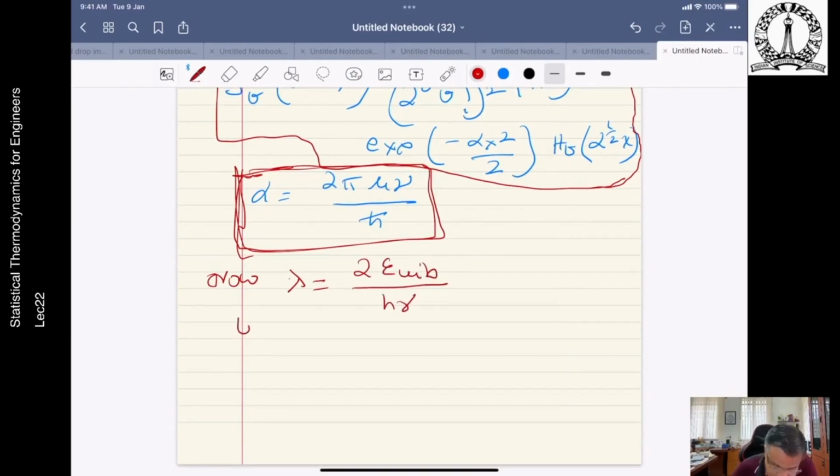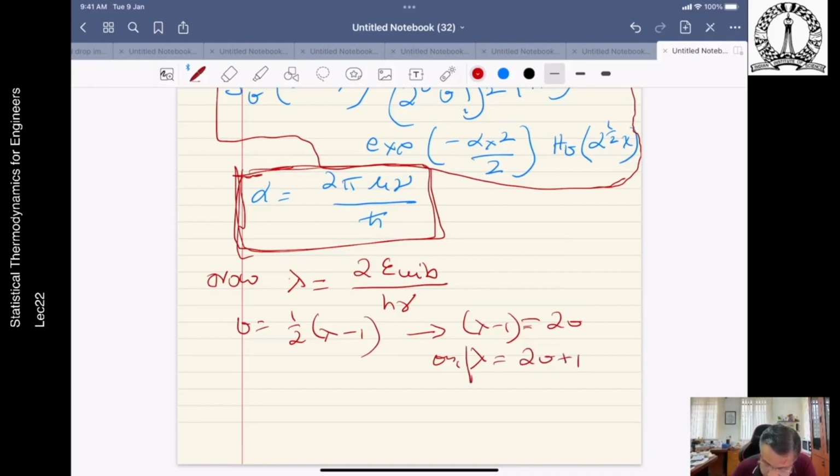So v equal to half lambda minus 1, which leads to the fact that lambda minus 1 is equal to 2v, or lambda equal to 2v plus 1. Therefore, 2v plus 1 is equal to 2 E vibrational divided by h nu.